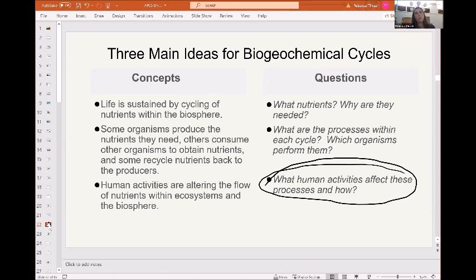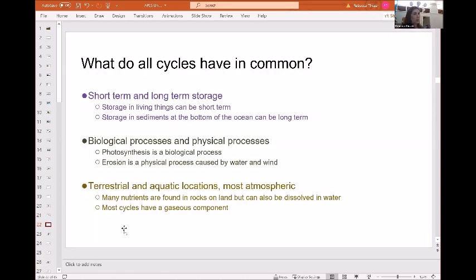Okay, so all cycles have a few things in common. You want to remember that all of the cycles we'll talk about have short-term and long-term storage. Usually when we think about things in living things, that's a short-term thing.